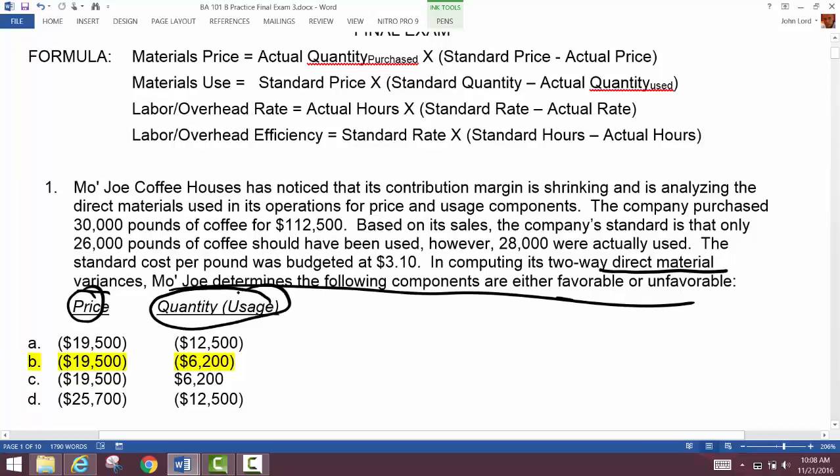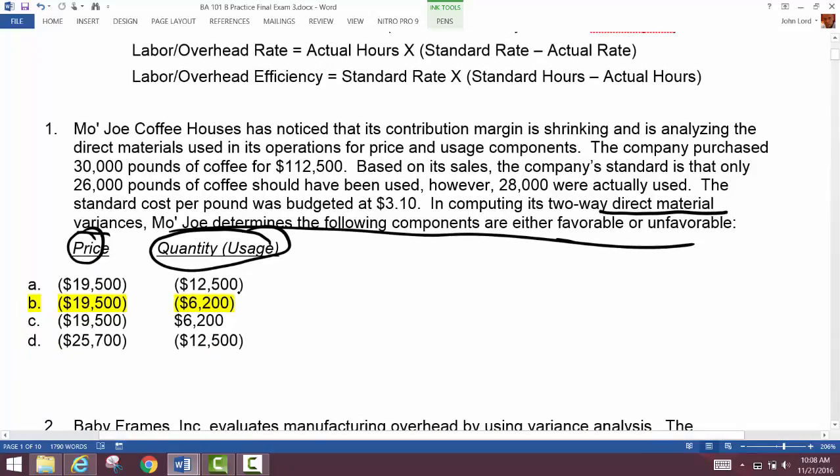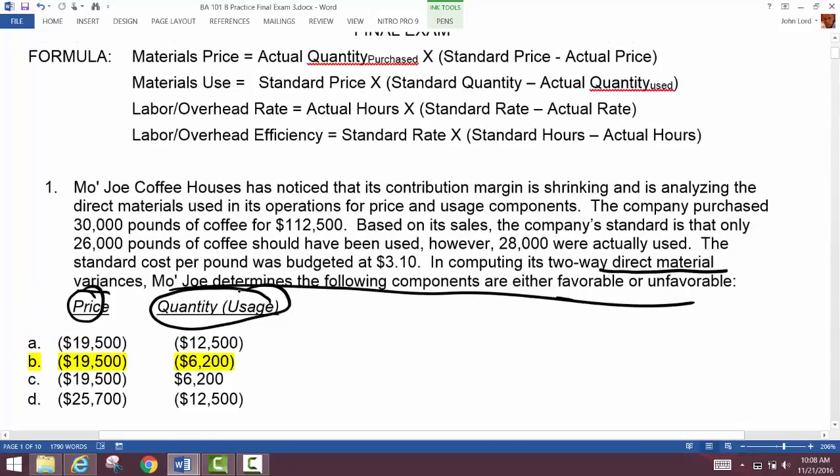So this is one of those problems where you've got to work doubly hard to get the points, right? Because you've got to get two of the ratios for this one. If we're going to do price, just looking at our formula, price is going to be what? Actual quantity purchased. We look down here and they tell us they purchased how much? 30,000 pounds of coffee.